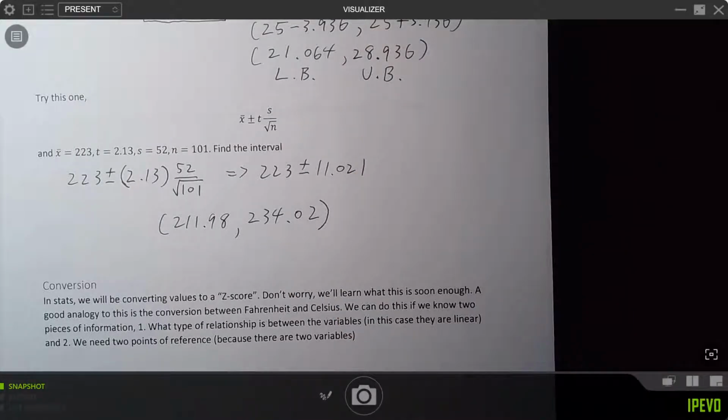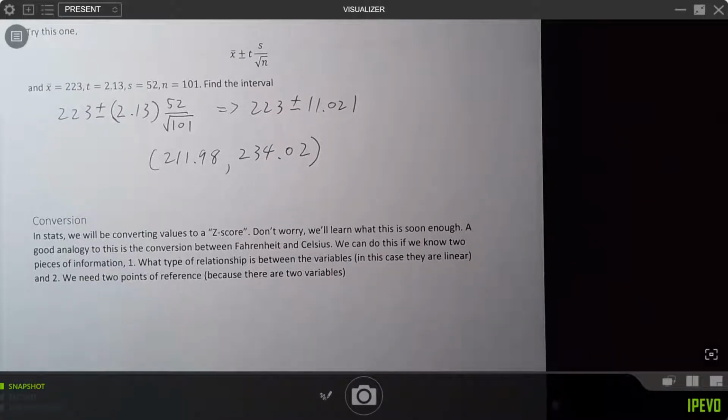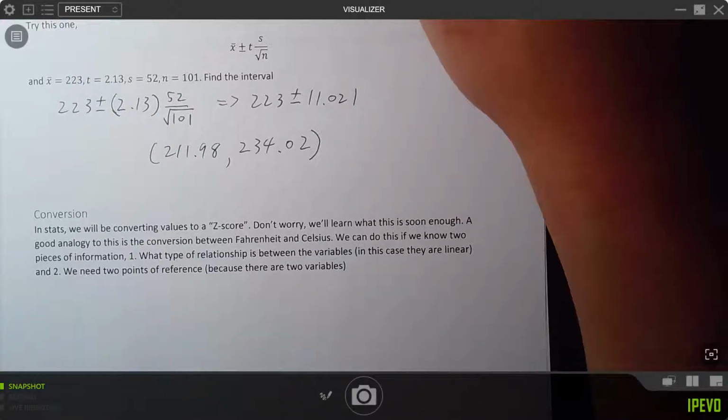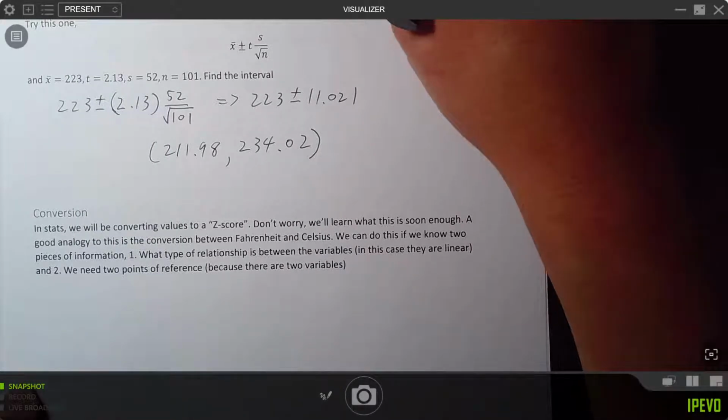Now, in statistics, we will be converting values to a z-score. And don't worry, we'll learn what that is soon enough, okay? In later chapters. But before we do that, a good analogy of this is conversion between Fahrenheit and Celsius.